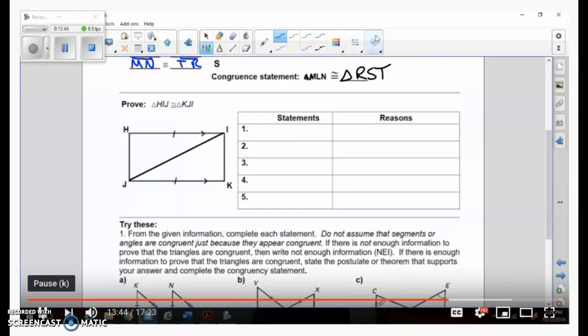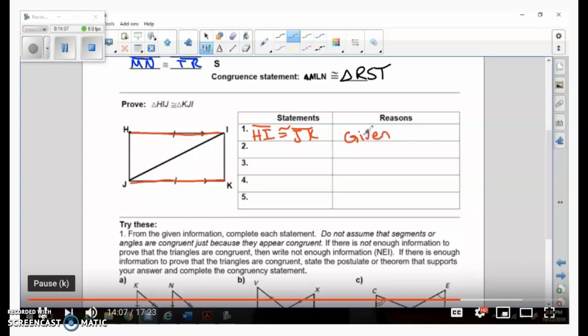Okay, we're going to try another proof because we just cannot get enough. All right, so this time we're trying to prove that HIJ is congruent to KJI. We're going to start off with the fact that HI is congruent to JK. And again, that's given.